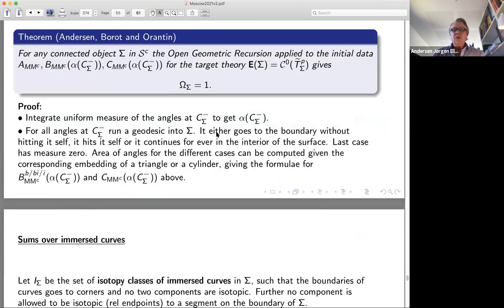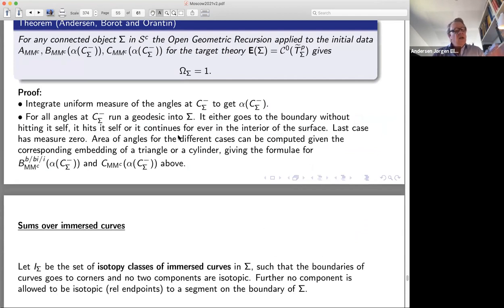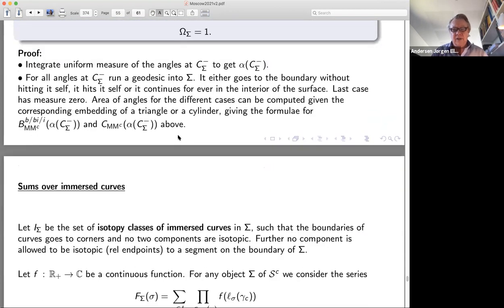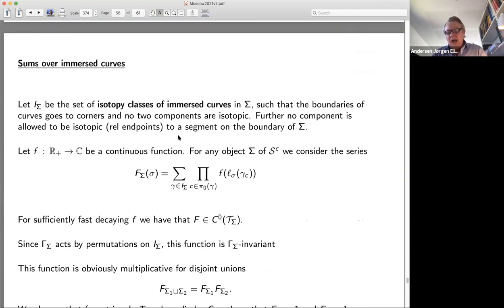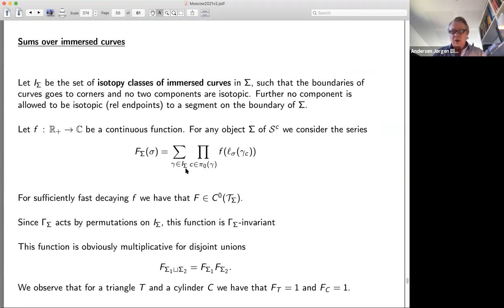Now I continue using this. I won't go into the proof. The proof is similar to Mirzakhani's: you just shoot a geodesic from a corner at a certain angle and you figure out what happens. But what we can do now is introduce functions where we sum over all geodesics, say primitive geodesics, but not simple. Now they can cross themselves.